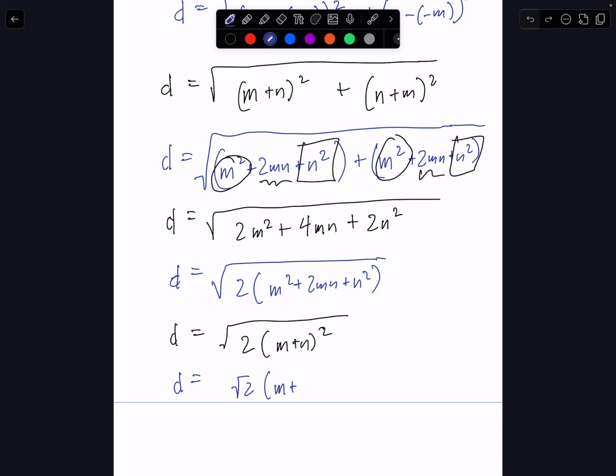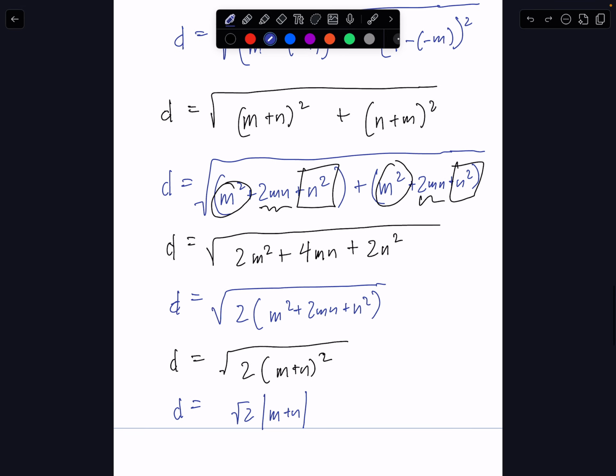Now, technically speaking, because I square rooted a square, it's actually the absolute value of m plus n. Why is it the absolute value? Okay, that's kind of a weird phenomenon, but when you square something, it forces it to be positive, right? And then when we square root it afterwards, it takes the original number, but it's just positive. So it's square root of 2 times the absolute value of m plus n.